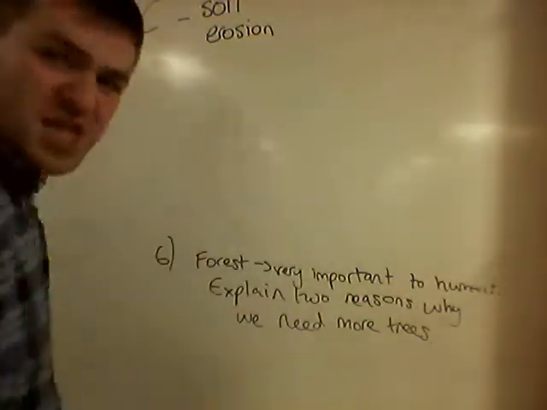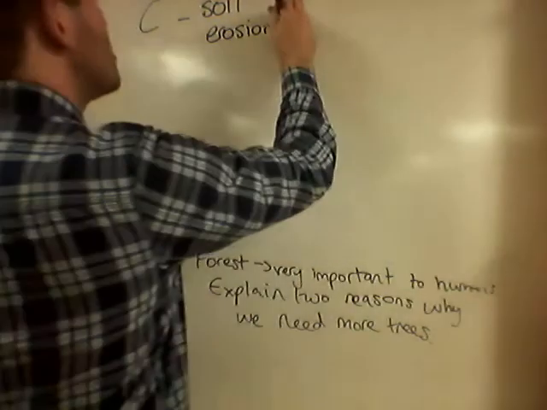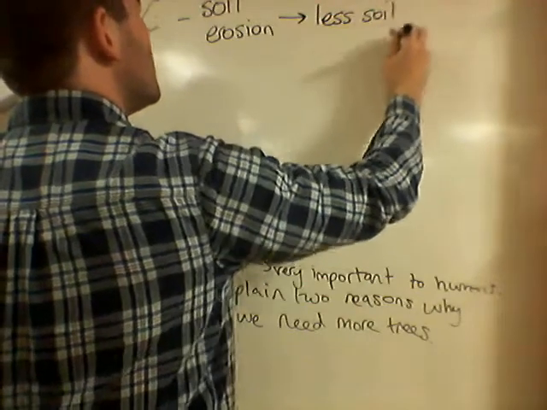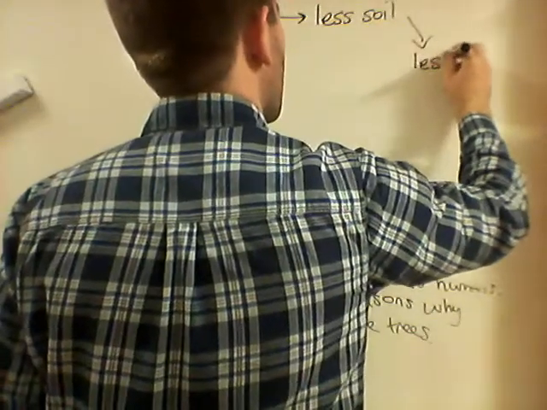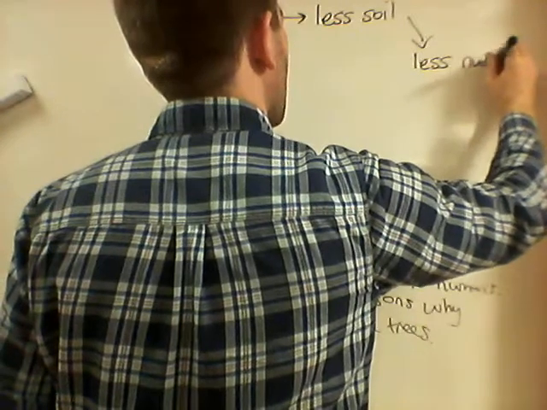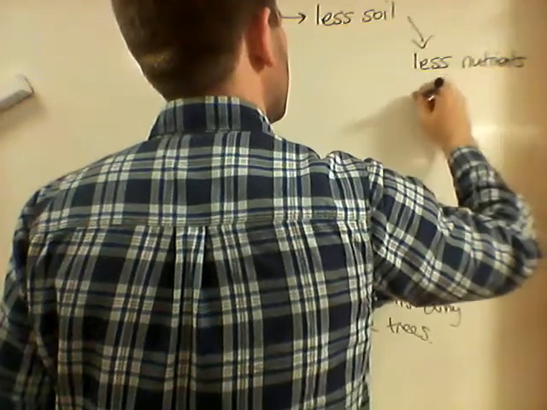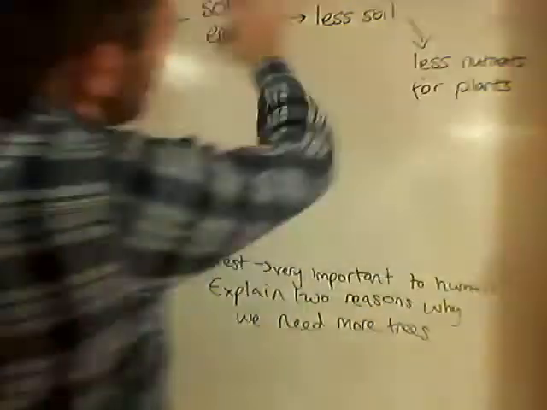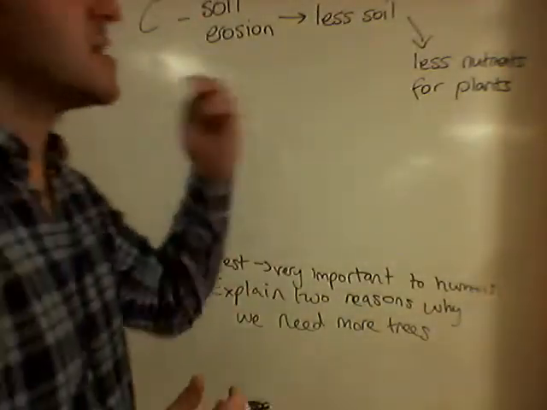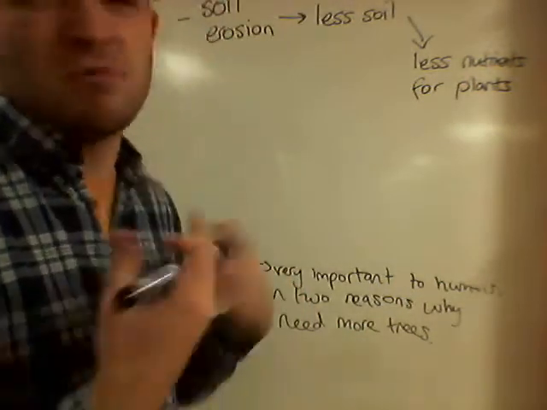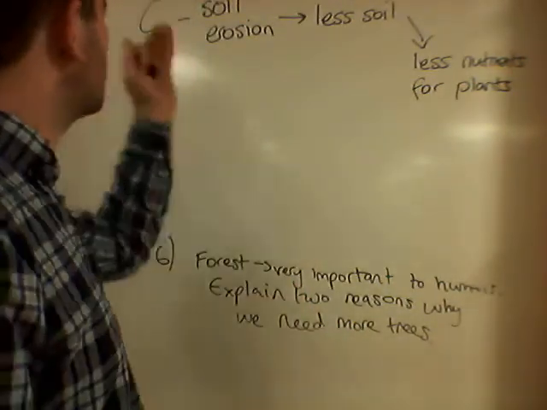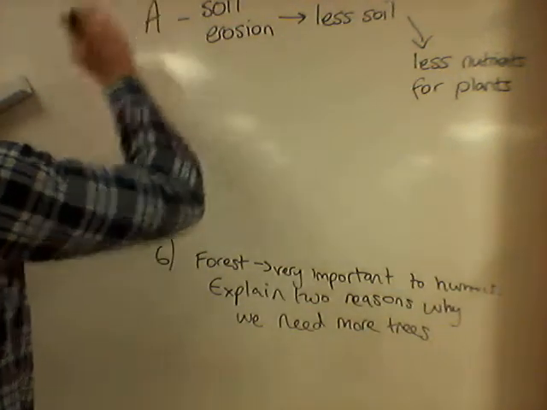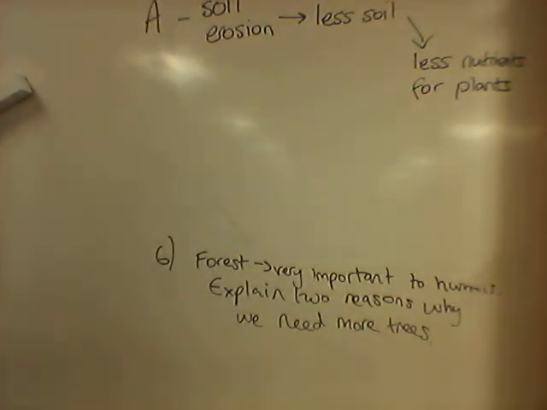You put that down for the C. So you've got soil erosion, less soil, less nutrients for plants. I can see that. If the soil erodes away, there's less soil, they get less nutrients. That makes sense. Good explanation. Good C level work.